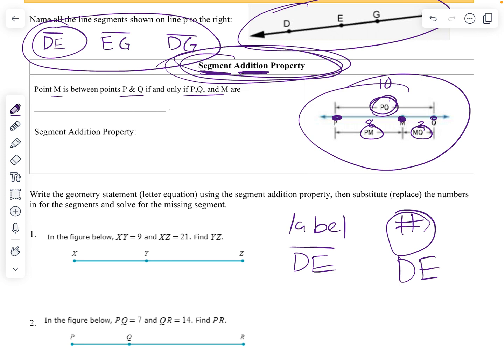We would say from P to M plus from M to Q would equal from P to Q. That's the segment addition property. I like to call it little segment plus little segment equals big segment. It's just a quick way to remember that.